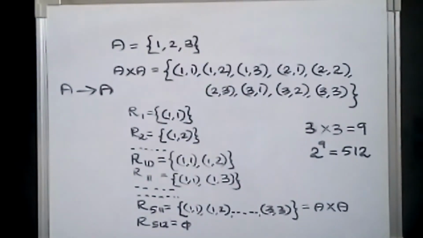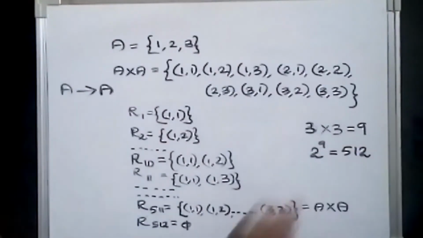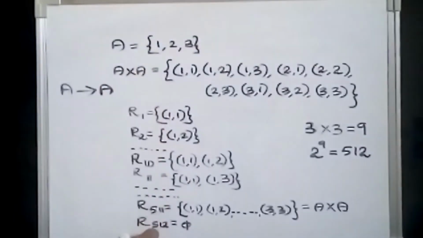Each subset of A cross A is a relation in the set A. And the number of subsets of A cross A is hence 2 raised to 9 equal to 512. Thus, A cross A has 512 subsets and each subset is a relation too.